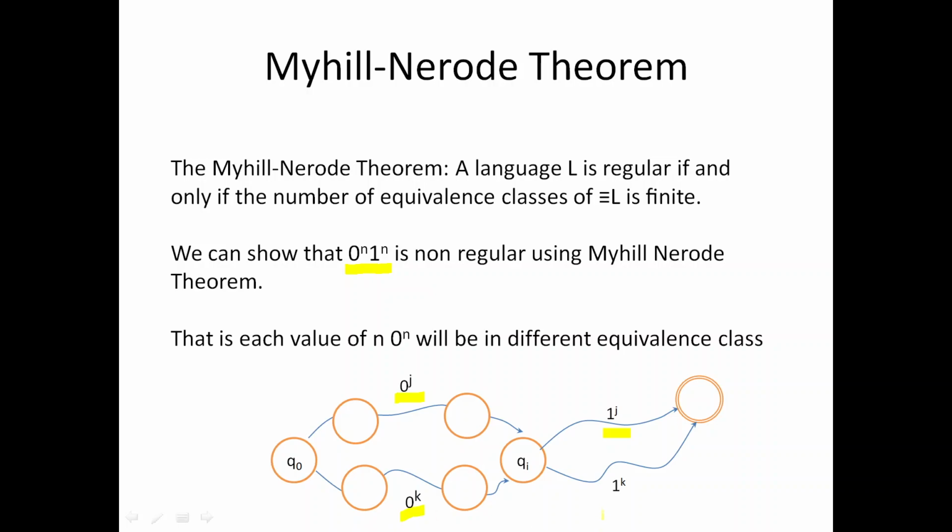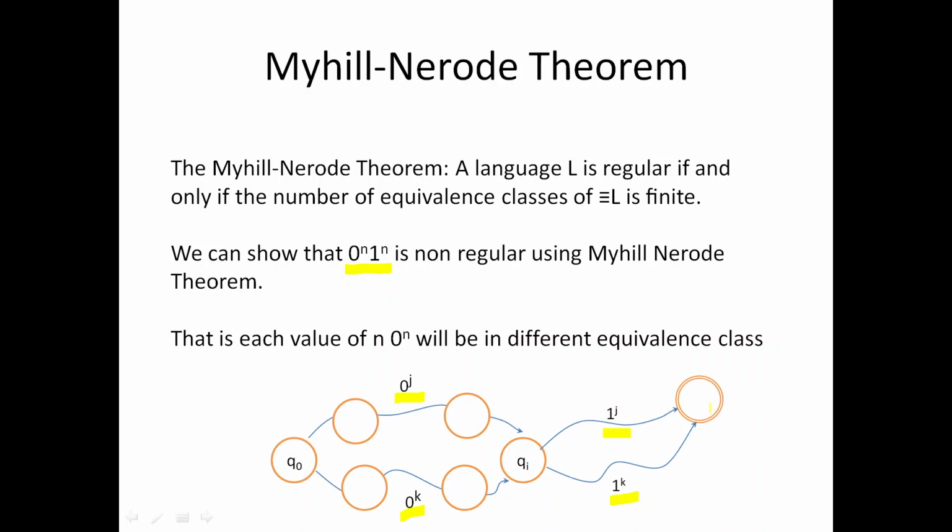Also, 0 raised to k, 1 raised to k is also an element of the language 0 raised to n, 1 raised to n. But the problem is when we read the string 0 raised to j followed by 1 raised to k. Also, when you read the string 0 raised to k followed by 1 raised to j, what is happening here is you will be reaching the final state.